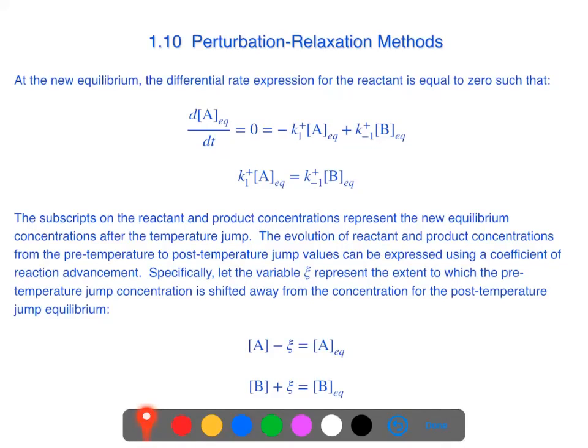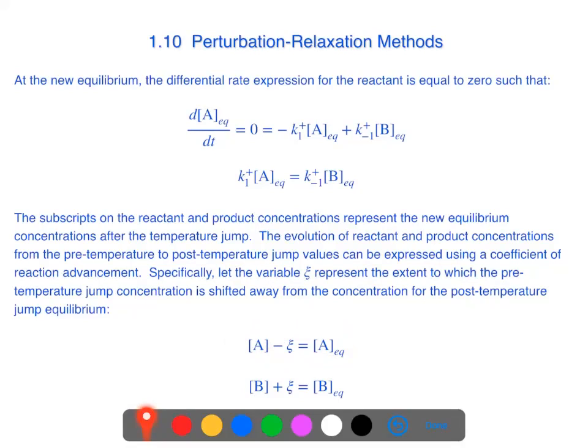The evolution of reactant and product concentrations from the pre-temperature to post-temperature jump values can be expressed using a coefficient of reaction advancement. Specifically, let the variable xi, shown here, represent the extent to which the pre-temperature jump concentration is shifted away from the concentration for the post-temperature jump equilibrium.